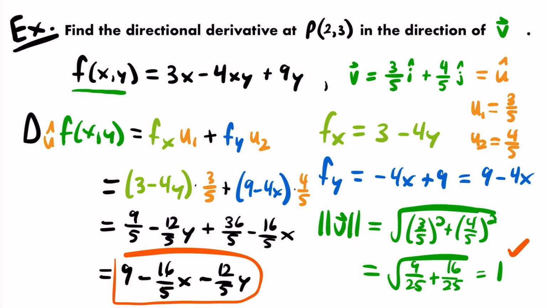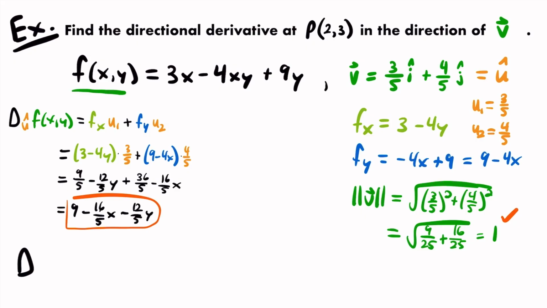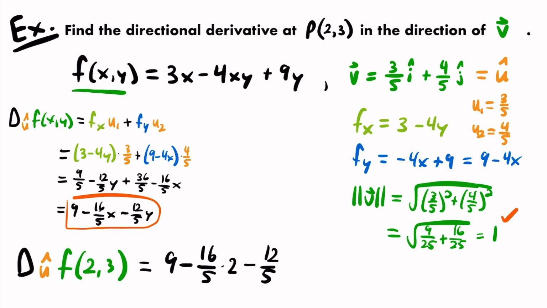But now we want to find the specific slope or the specific directional derivative at the point (2, 3). So let's plug in 2 and 3 for x and y in this expression. We will find that the derivative in the direction of u for f of (2, 3) is equal to 9 minus 16 fifths times 2, that's the value of x, minus 12 fifths times 3, that's the value of y.